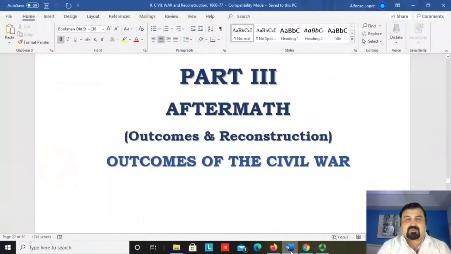So now, this last portion is going to look at the process of Reconstruction. So if we can now go to the slide, this is part 3.